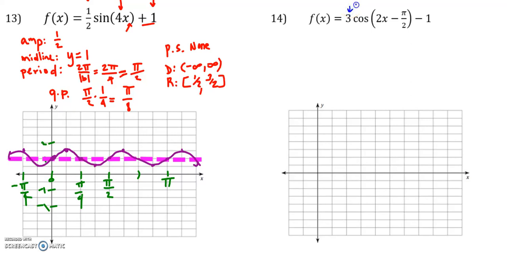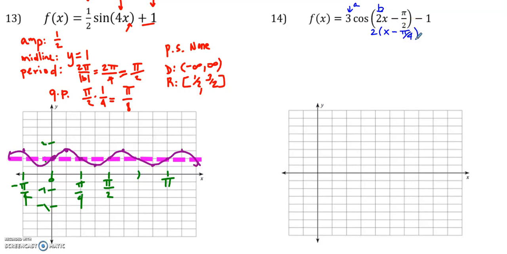All right, well, there's A. There's B. This is our phase shift, but not really, because this has to be 1 in order for this to be the phase shift. So let's go ahead and factor out a 2. When we factor out a 2, it's like dividing by 2, but really it's like multiplying by 1/2.